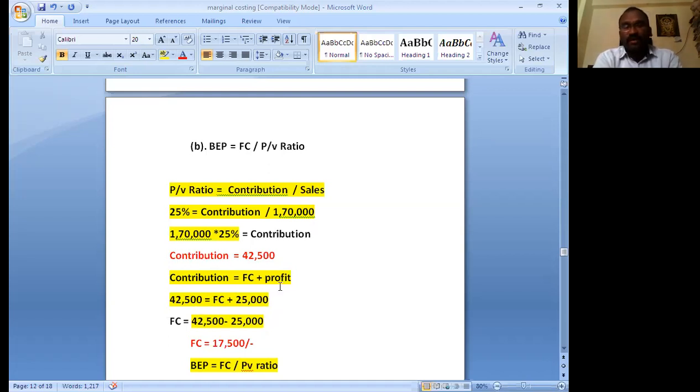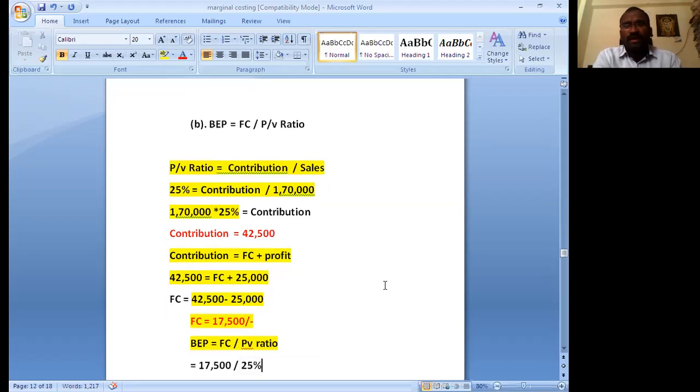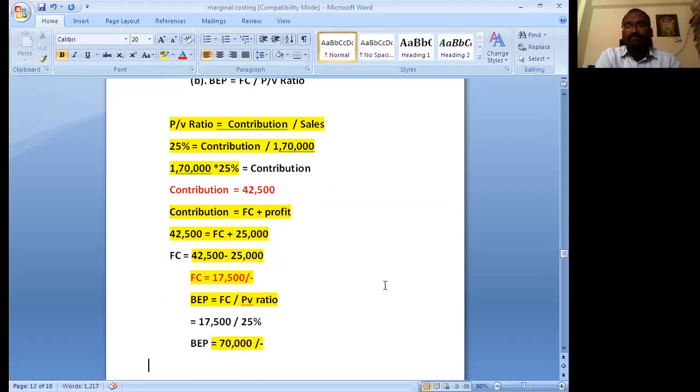Next, this 25,000 goes to the right side and becomes negative. So 42,500 minus 25,000 gives 17,500. This 17,500 is the fixed cost. Next you apply the BEP formula, fixed cost divided by PV ratio.